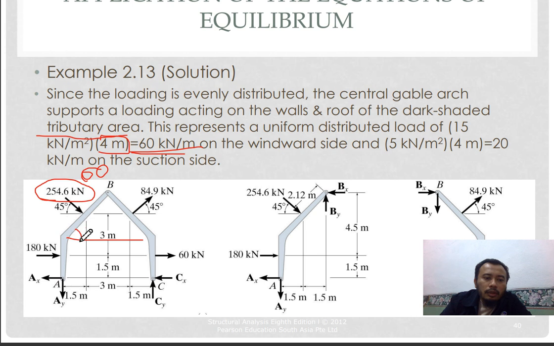This is 45 degrees, and then this is 90 degrees. So half of it will become an isosceles triangle, so the distance here will be the same as the distance here.